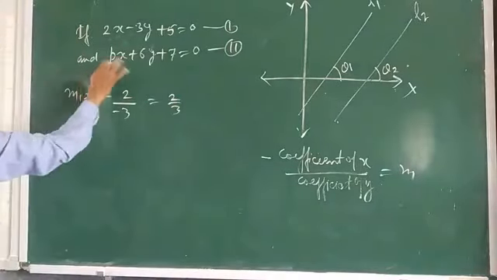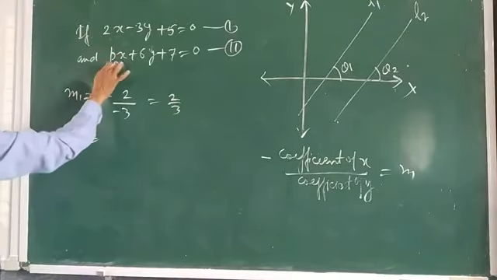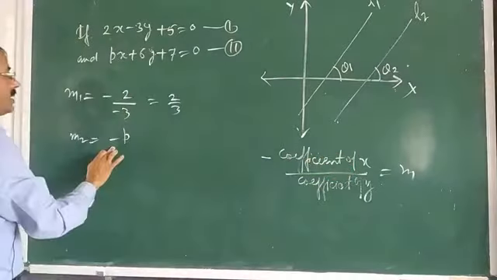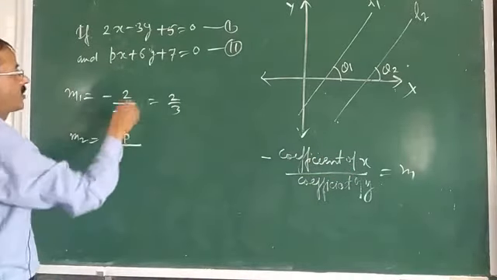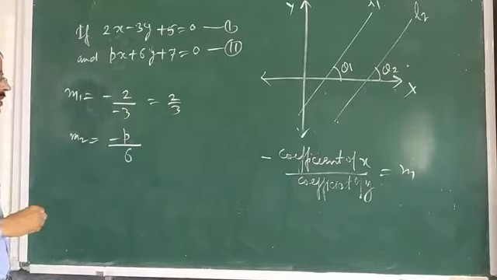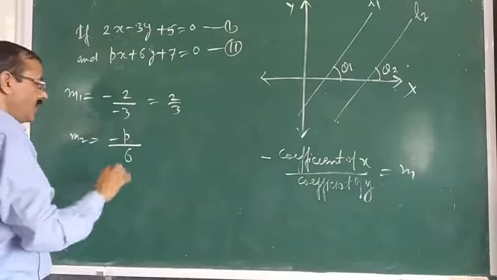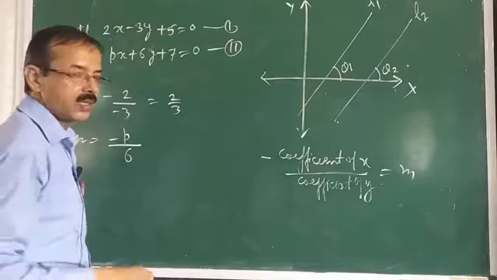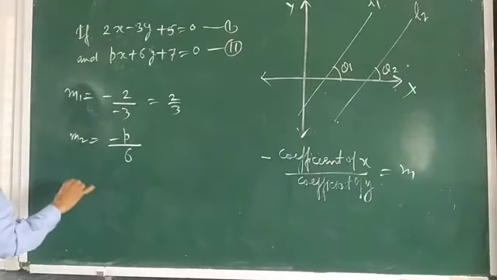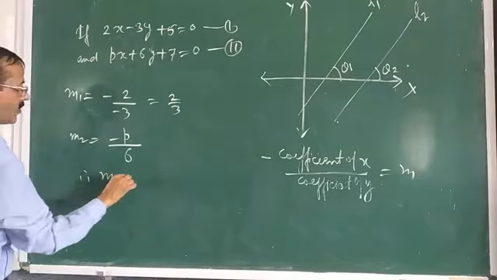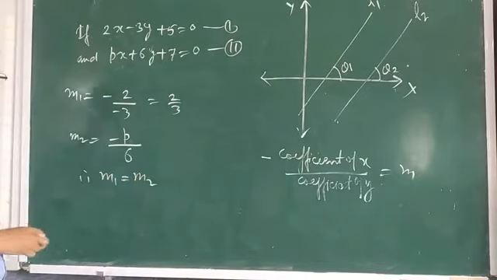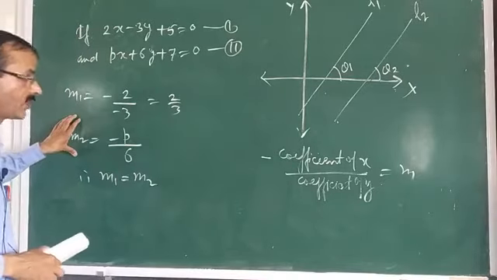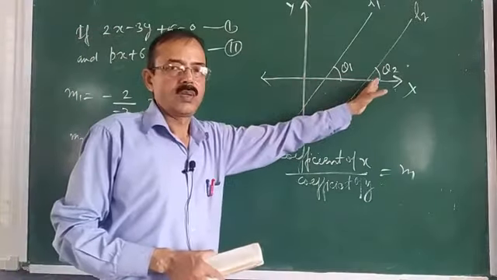Now for the second line slope, what will be m2? Minus coefficient of x upon coefficient of y, so minus p upon 6. But given that the lines are parallel, therefore m1 is equal to m2.